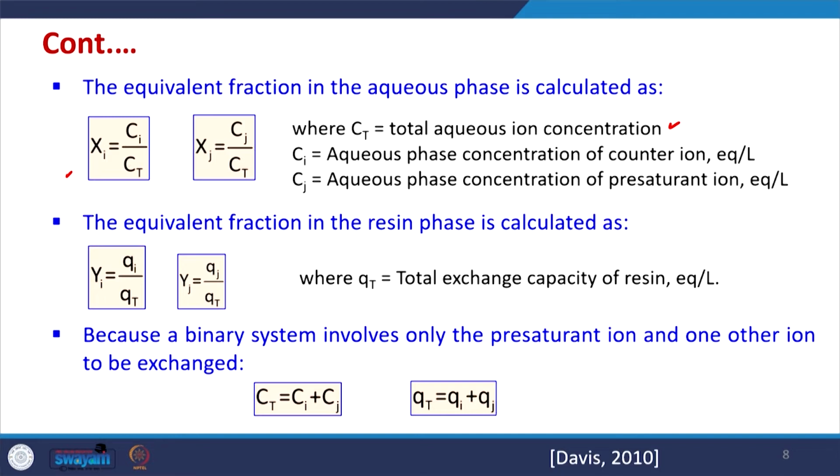Similarly, we can define the resin phase equivalent fractions y I and y j via this expression, where Q T is the total exchange capacity of the resin.